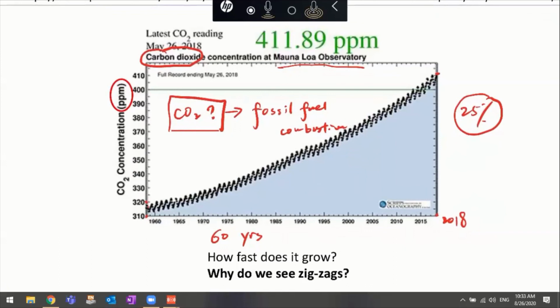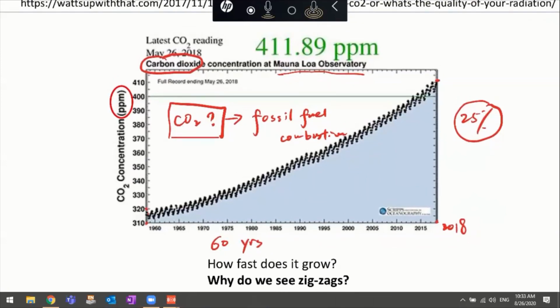So, but if you further look at this curve here, you see a lot of zigzags. Okay, so you see the concentration increase, decrease, increase, decrease, and it's also in a pattern, right? It's not like noise taking place, right? It seems that every year we have this increase and decrease.